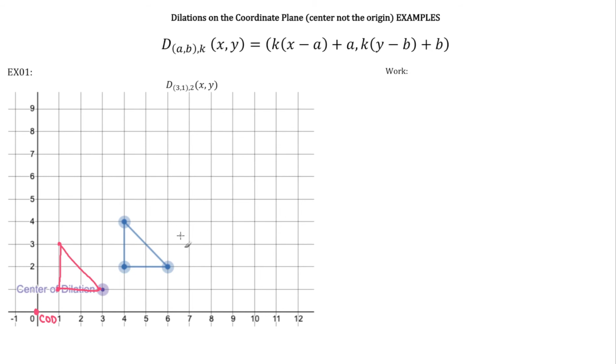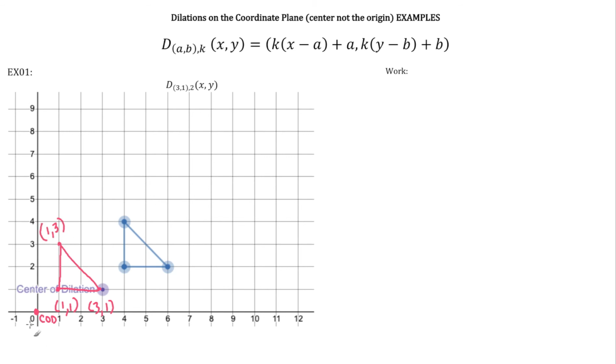If I shifted everything to 0, 0, right? So I moved this down and then back. And then I moved these down and then back. So now if I did this, I would have 1, 1, 3, 1, and 1, 3.